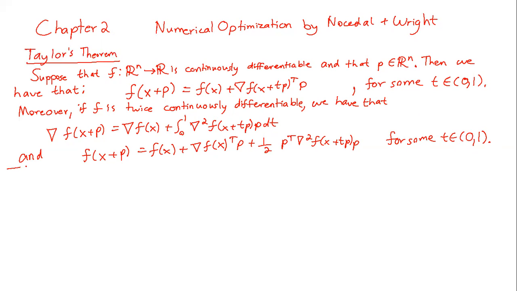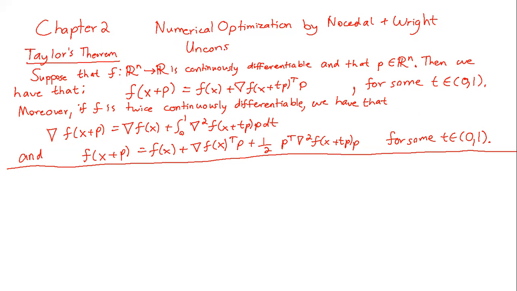So this is the theorem, and the reason this was important is because it is very helpful for the proofs of some of the conditions for optimization. Remember again that we're looking at unconstrained optimization, and in particular cases where our objective function is smooth.